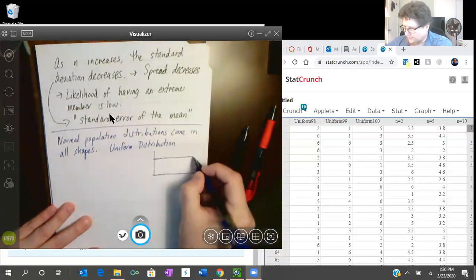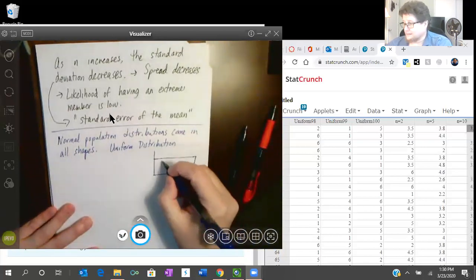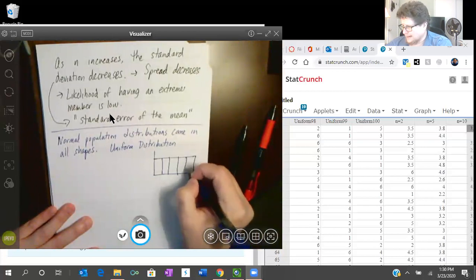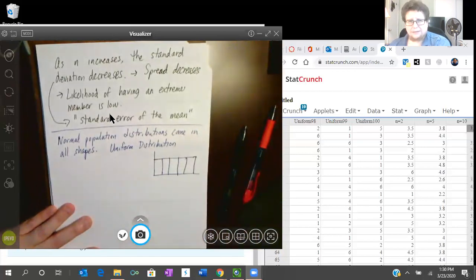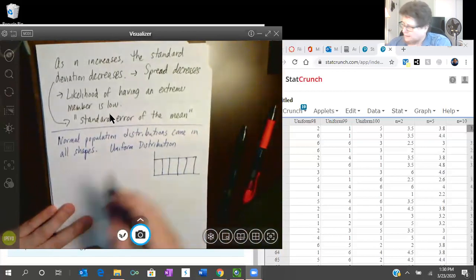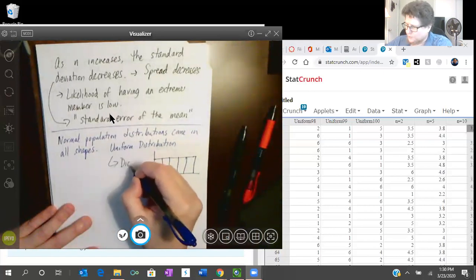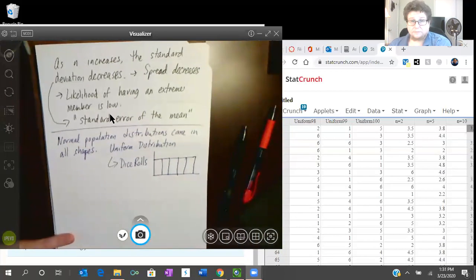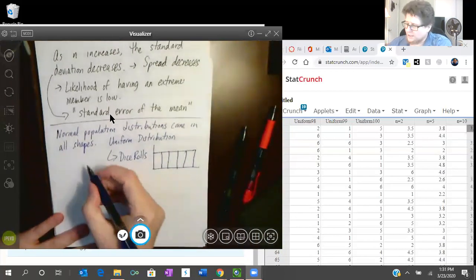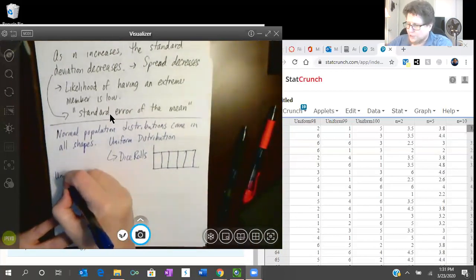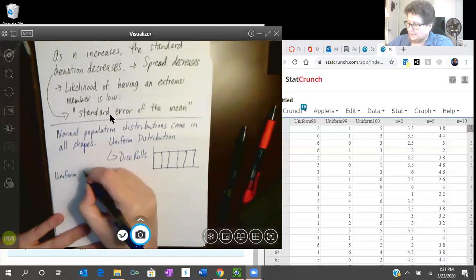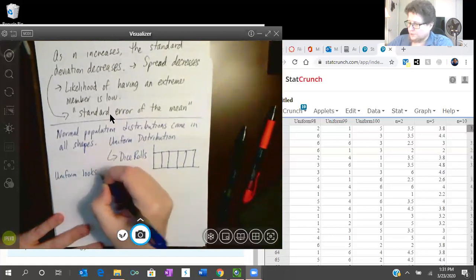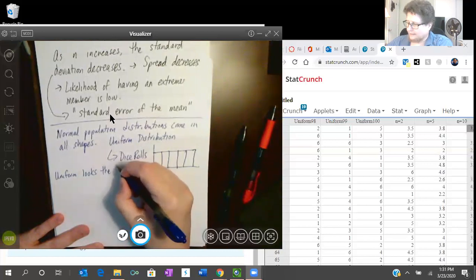This is where our graph looked like that. Each group had about the same probability of happening. This kind of stuff happened with dice rolls and things of equal probability. The uniform looks the least like a normal distribution because it's flat.